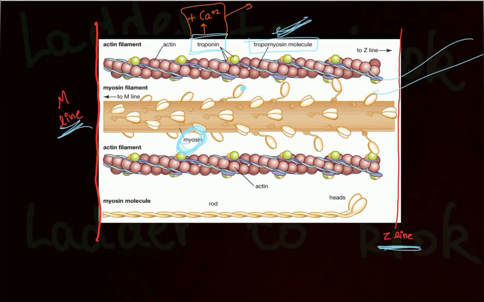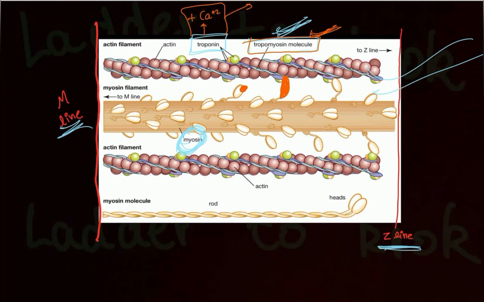It will bind with calcium and leave the active site of tropomyosin, and hence this active site is open. Below, the myosin head now only has ADP, as one inorganic phosphate is removed, so it will go and bind above, on the active site of tropomyosin. Sorry, I am taking too much time, but it's for you, for better concept building.